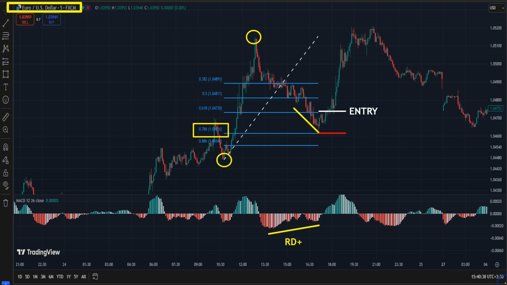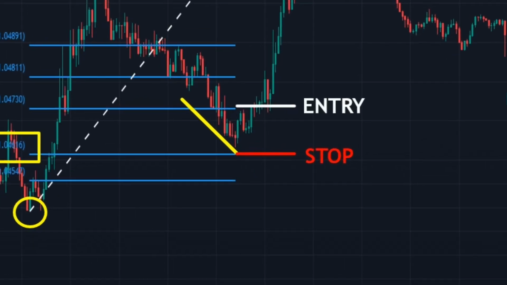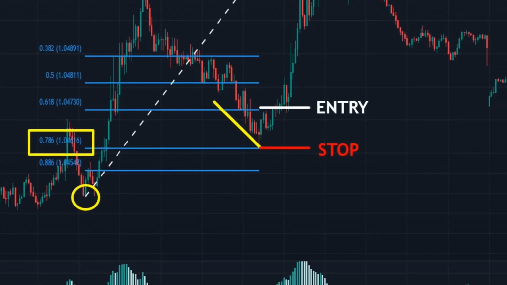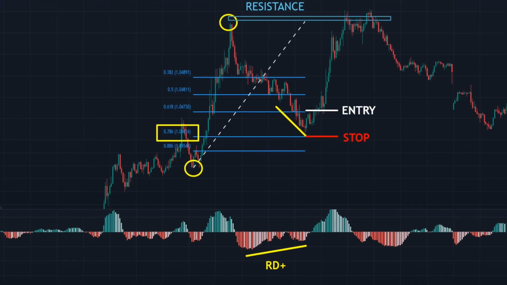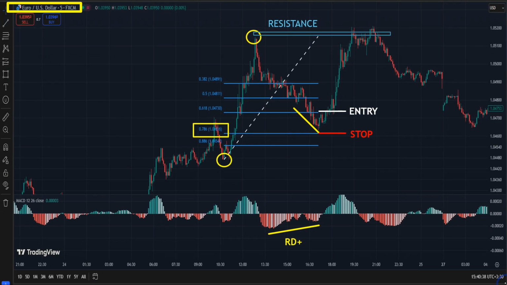We placed our entry above the last candle and set the stop loss just below the 0.786 level. The target price was set at the highest price point formed during the movement, or the resistance level.